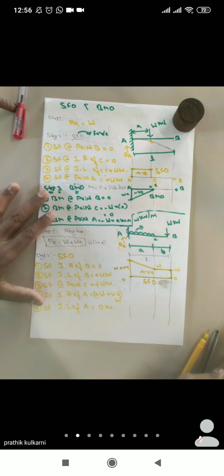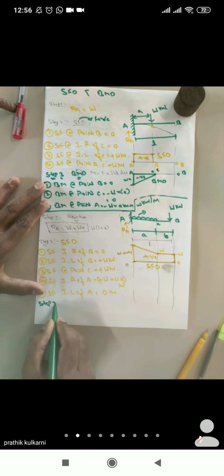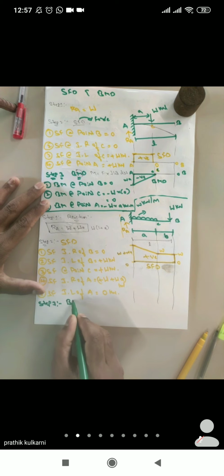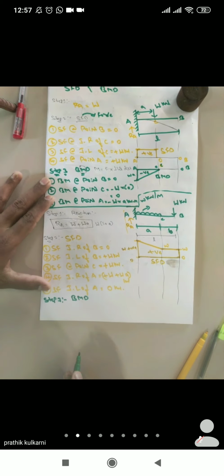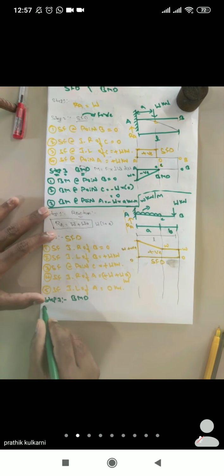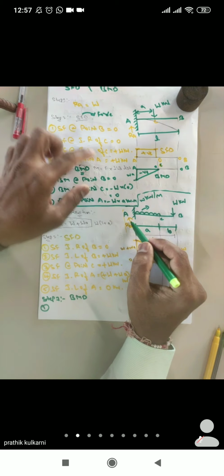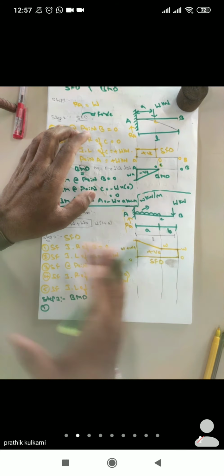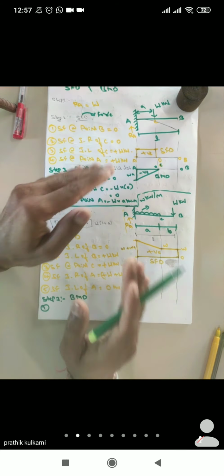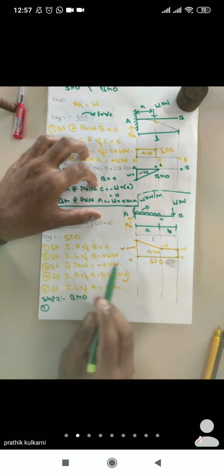Now let us go with step 3. Step 3 is the bending moment diagram. Here you can directly take point B, point C and point A. You need not take just left or just right. Only for shear force, whenever you come across a point load, you have to see just left and just right.